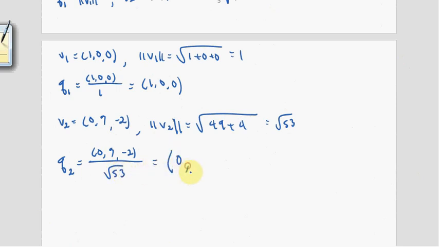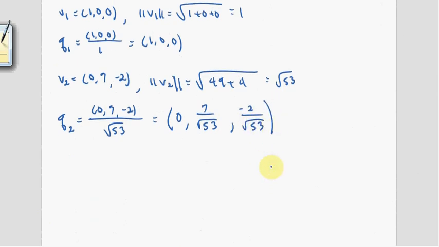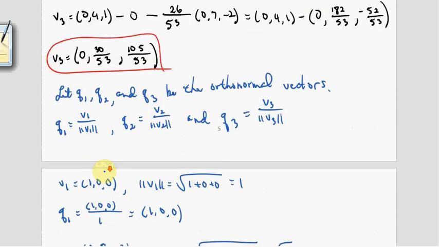So this is 0, comma 7 over the square root of 53, comma negative 2 over the square root of 53. Now for Q sub 3, we need V sub 3, and we found that to be 0, is it 30 over?